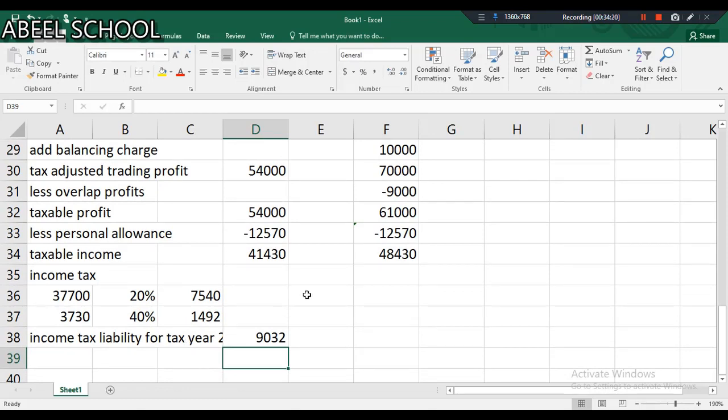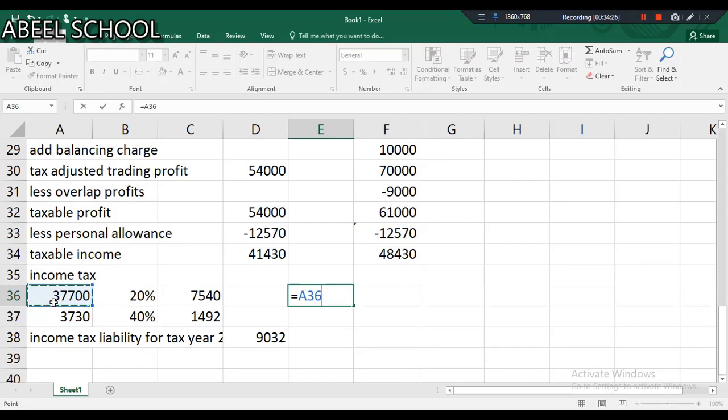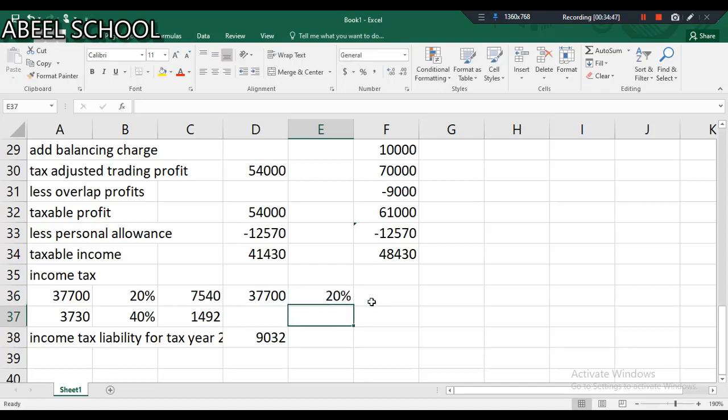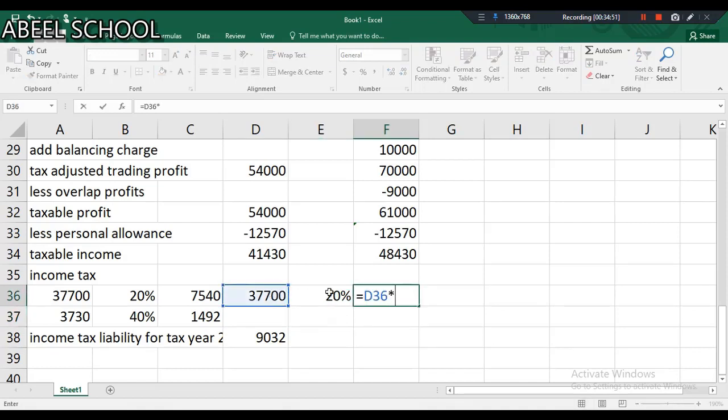Now let's apply these things here. Basic rate band. Let me take this figure. Oh no. Let's do this. What I'm doing, I'll show you. 20%. Let's see what I'm doing.